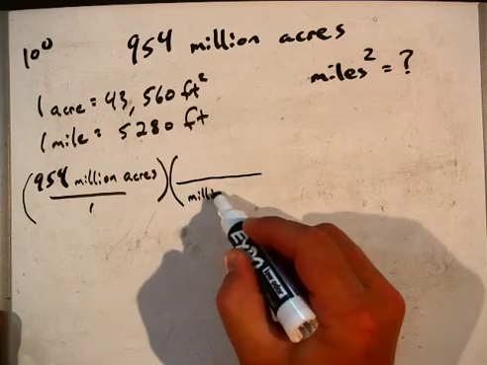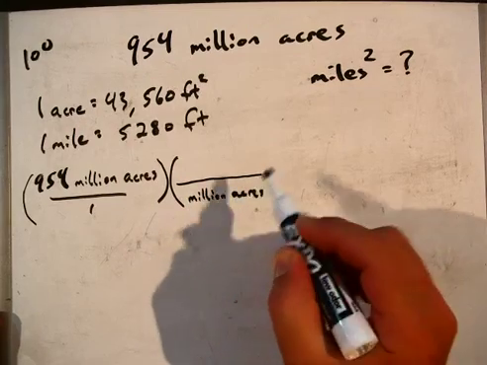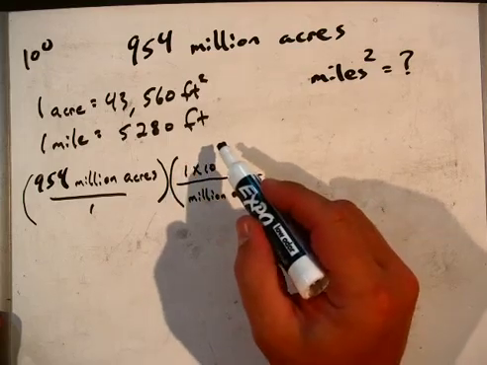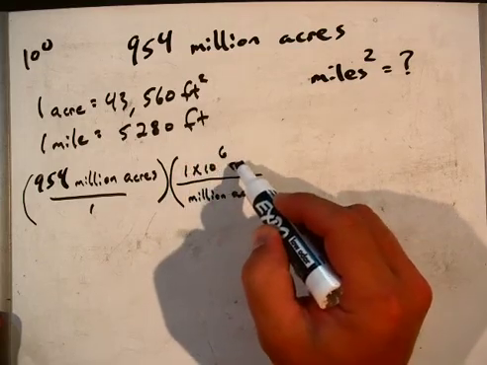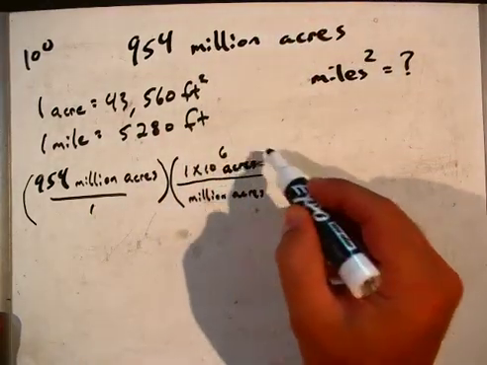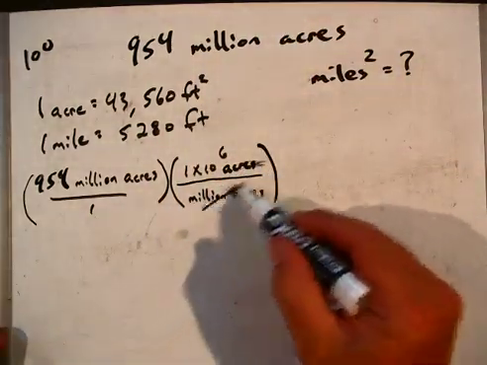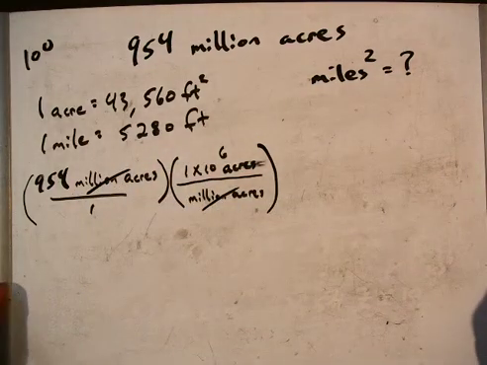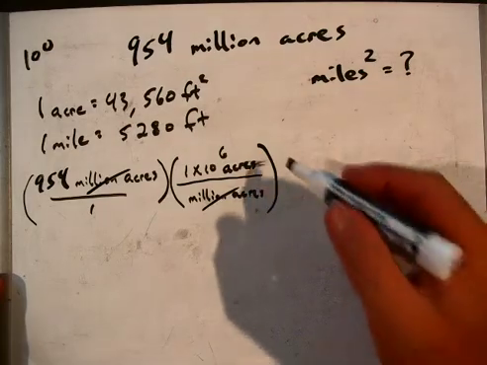Because a million acres is 1 times 10 to the 6th acres. And so we get out a million acres, and now we're just in straight up acres.